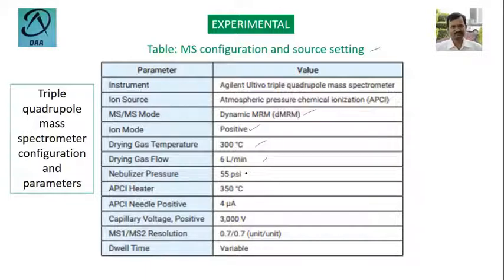The nebulizer pressure is also there, and the APCI heater is 350 degrees centigrade, with APCI needle positive, and capillary voltage in positive mode. It is very important, 3000 volts, because it helps to take the sample analytes inside the mass spec system.